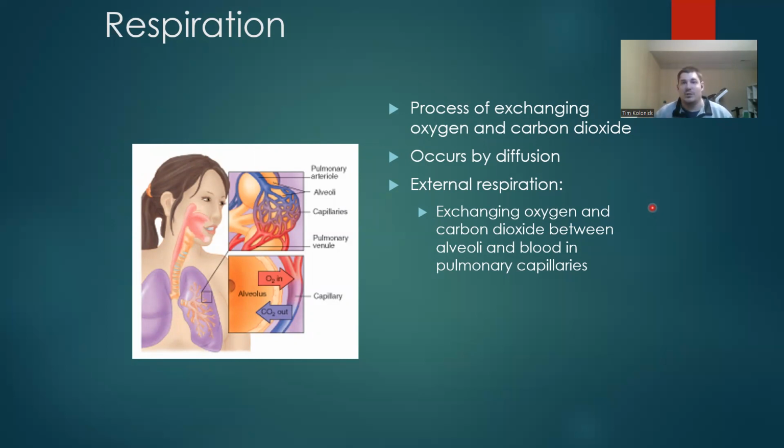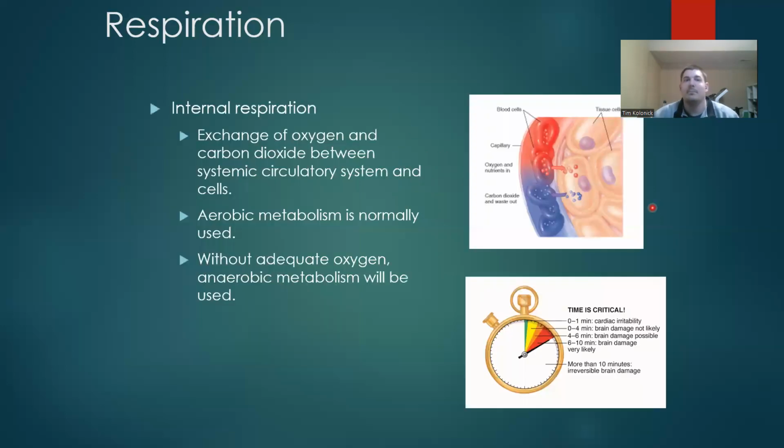And at the same location, there's higher amounts of carbon dioxide in the bloodstream than in the lungs. So you're going to get that passive moving of the carbon dioxide to the lungs. Okay? So a higher concentration to a lower concentration is where they're going to move. Okay? And that's happening in the lungs. That's called external respiration. Okay?